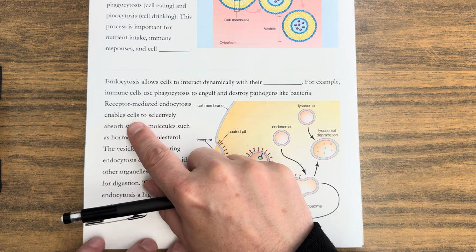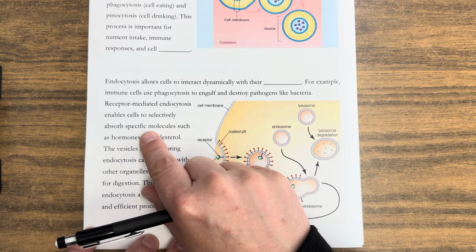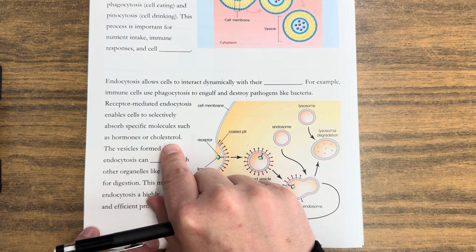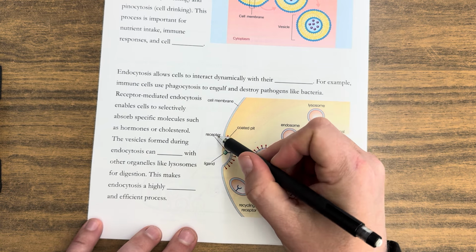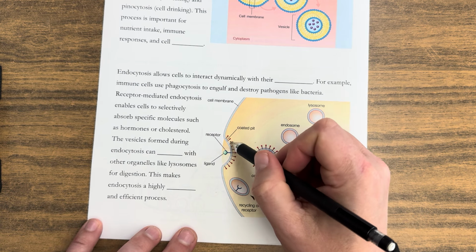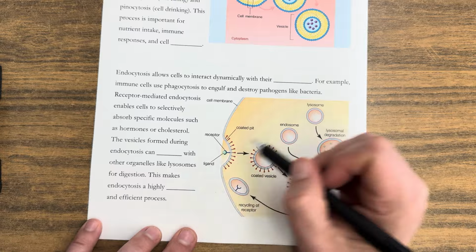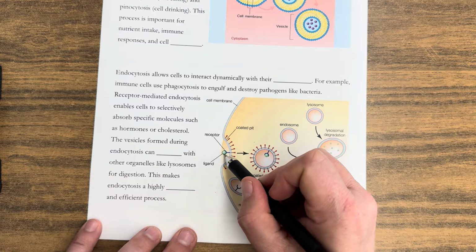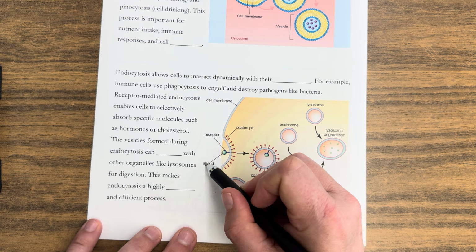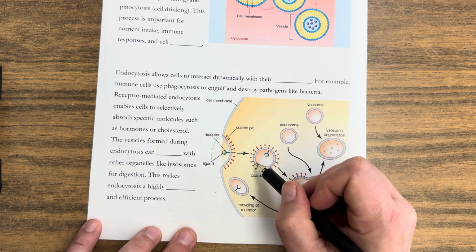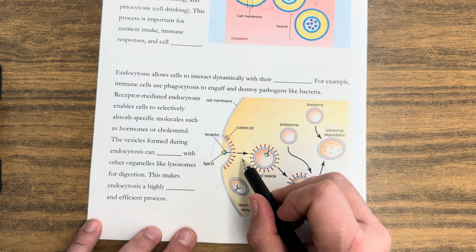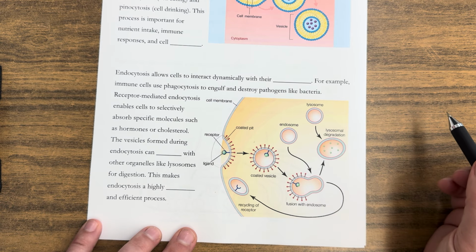Receptor-mediated endocytosis enables cells to selectively absorb specific molecules such as hormones or chemicals. So one way that they do this is there's a receptor on the surface of the cell, and when this ligand lands on that receptor, then it's going to start this process of endocytosis surrounding it.